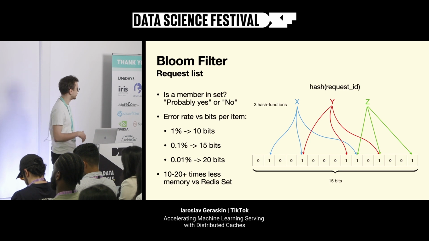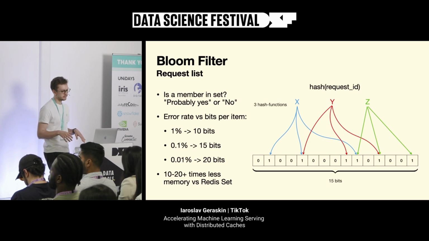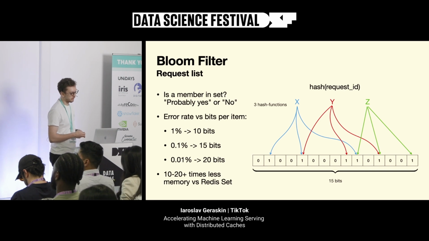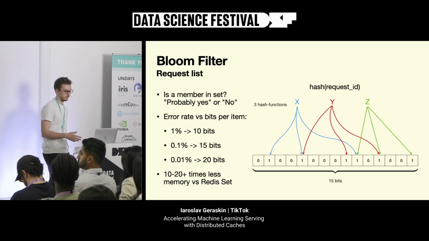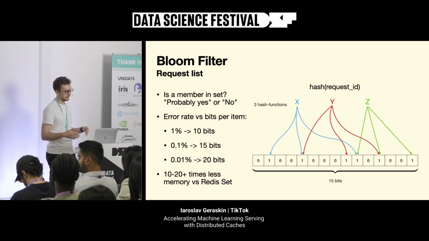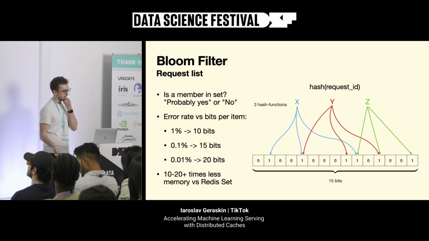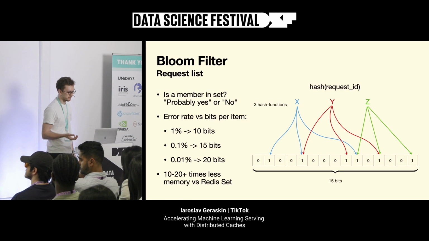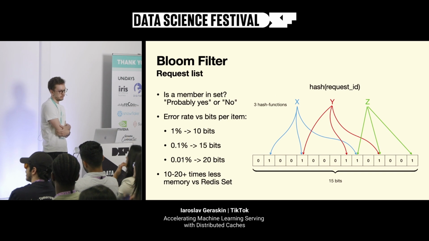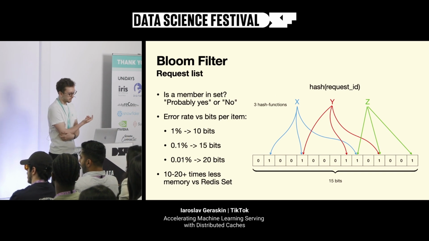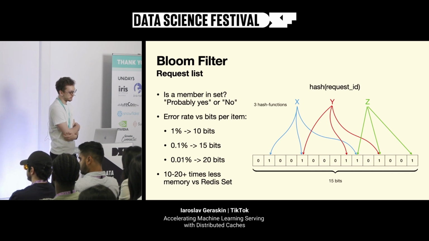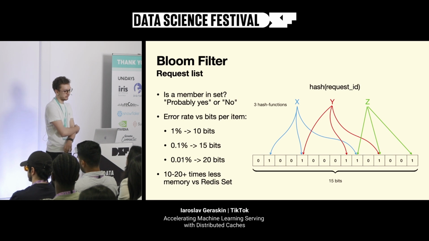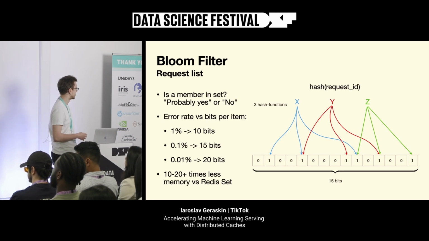And it answers totally no or probably yes, because it can make mistakes, but those mistakes can be controlled. The error rate can be controlled based on the size of this structure, and it is highly memory efficient. For a 1% error rate, you need 10 bits per item. For 0.1%, you need 20 bits, which is at least 10 times less memory compared to usual Redis cache.